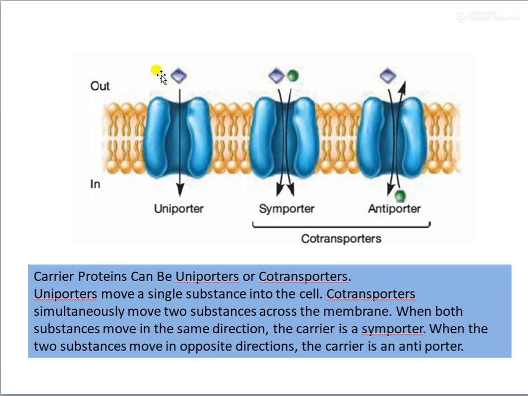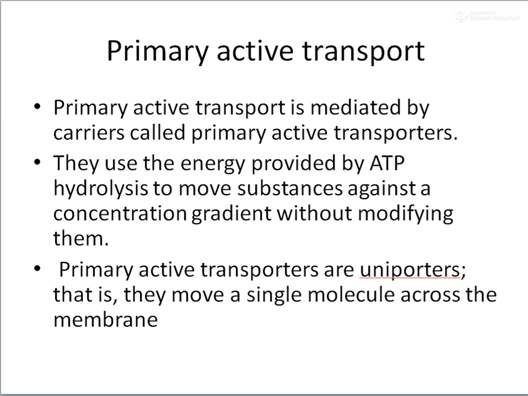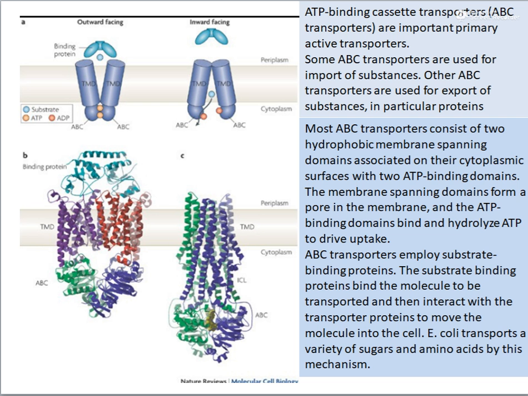When only one molecule is being transferred across the membrane, it is called a uniporter. The proteins involved in primary active transport are found to be uniporters; that is, a single molecule will move across the membrane. And ABC transporters are the best examples of primary transporters.